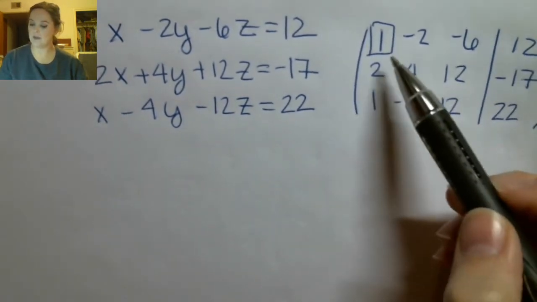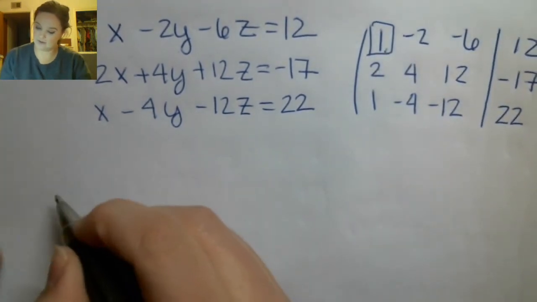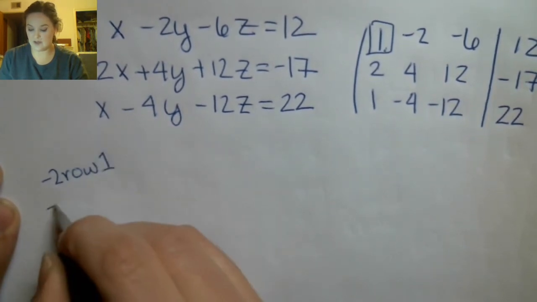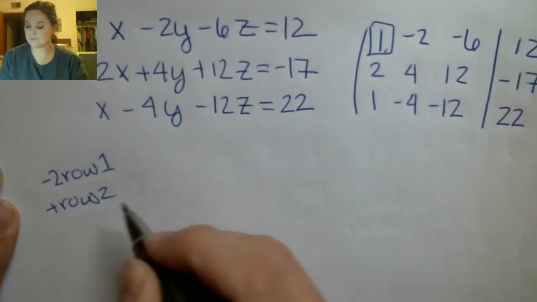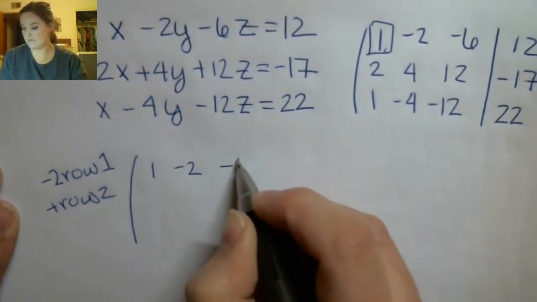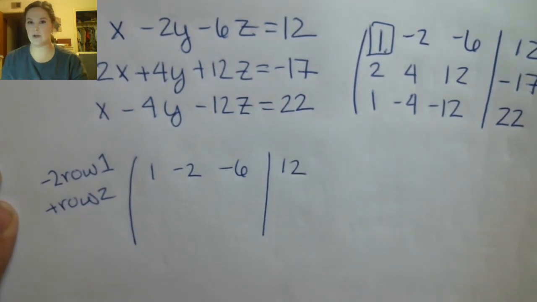Okay, then because it is a 1, we're going to use this entry to eliminate below it. Okay, so I'm going to do -2 times row 1. I'm going to add it to row 2. So I just copied my first row there.